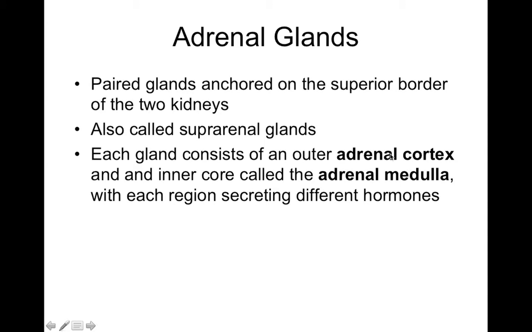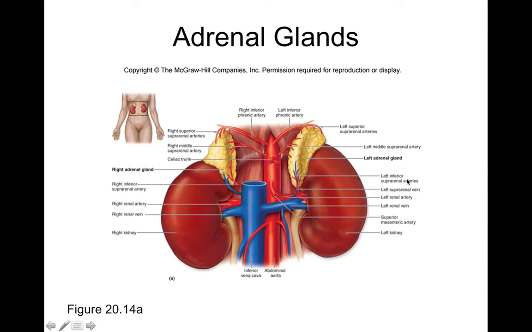The adrenal cortex is the outermost layer, and within it there are actually three more layers we'll talk about. The adrenal medulla is an inner layer that's made of neural tissue. So the adrenal cortex is made of glandular tissue, and the adrenal medulla is made of neural-type tissue. They sit right above each kidney here.